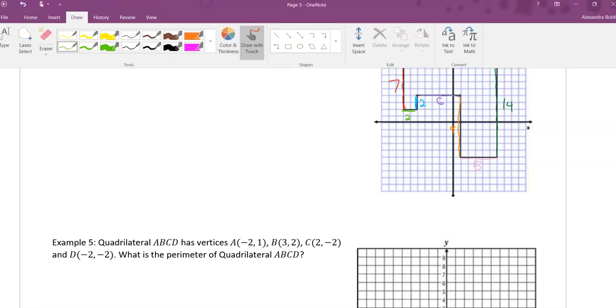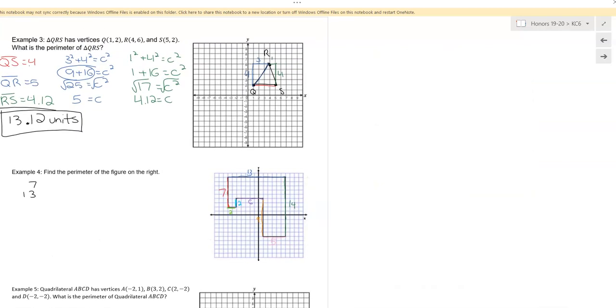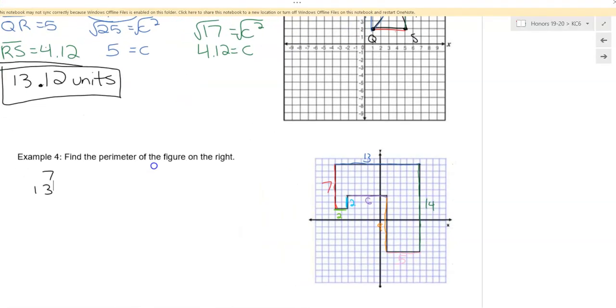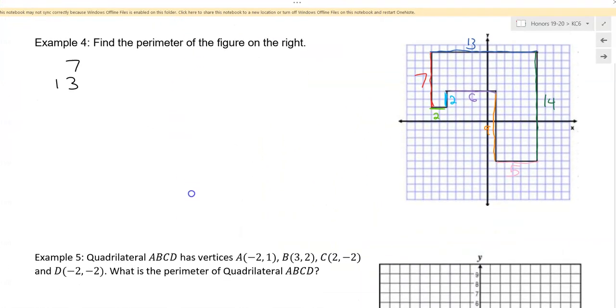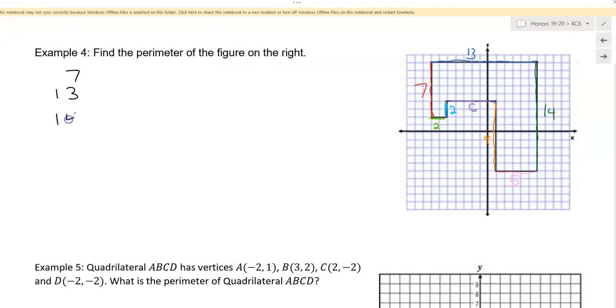Now I'm just adding. So I have 7, 13, ooh, 14, 5, 9, 7, 8 numbers.